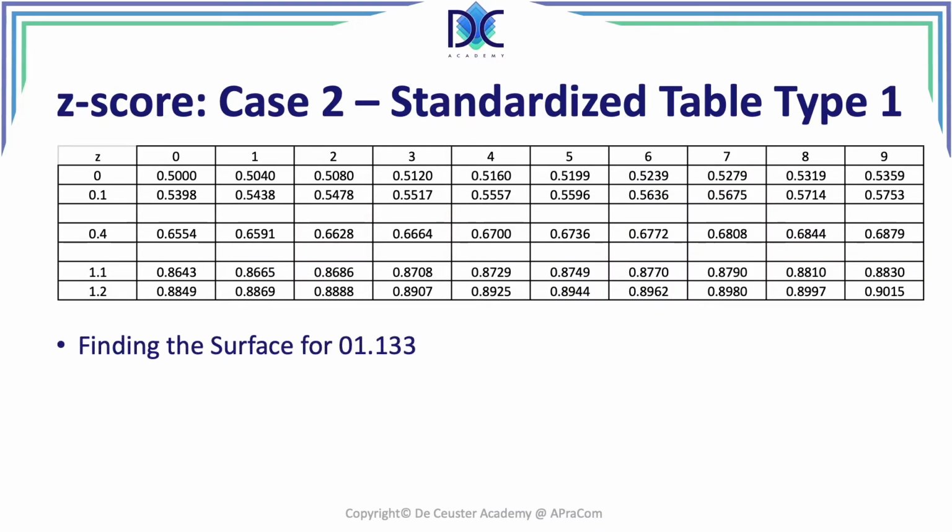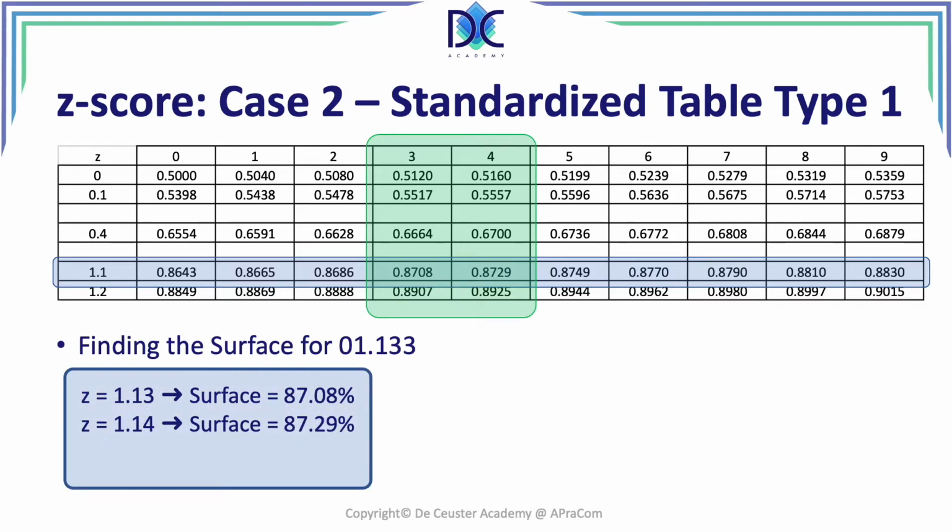Same thing for the other value. So we want to find the surface for 1.133. And we have here the first row for 1.1, all the numbers 1.1. And now we have to find the two numbers. We are between 1.13 and 1.14. So we select 1.13 and 1.14. And we repeat what we did in the previous slide.